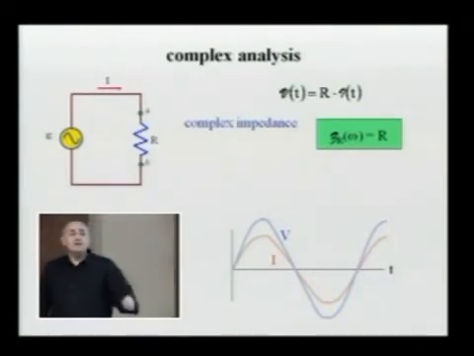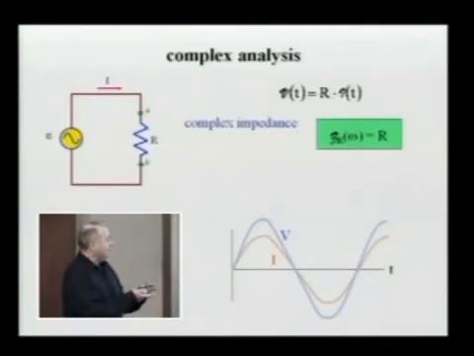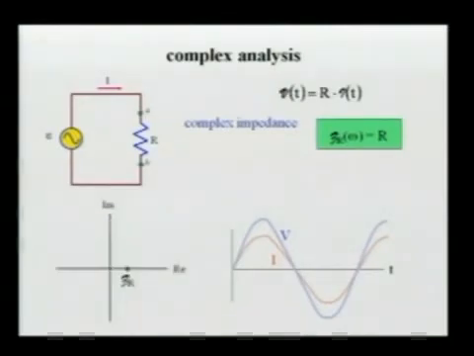In other words, impedance itself is going to be also equal to resistance, which is consistent with what we found yesterday, because yesterday we came to the conclusion that impedance is equal to resistance.